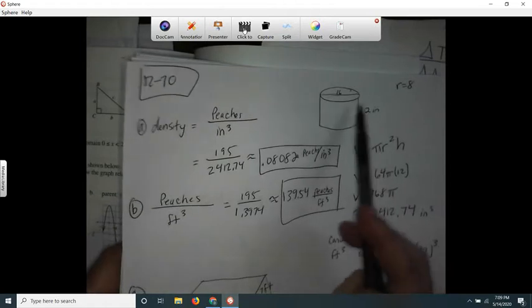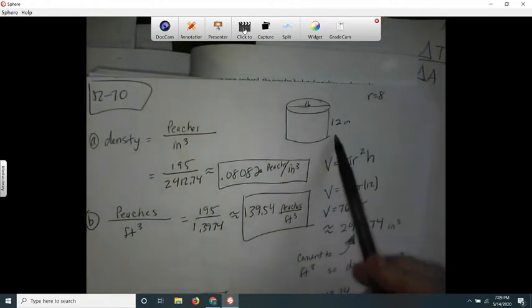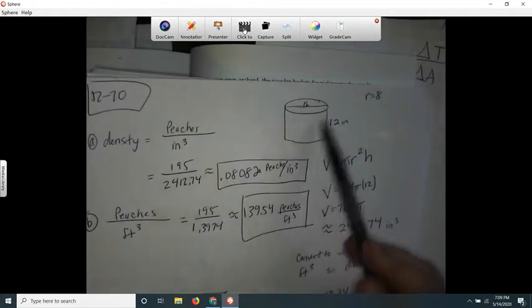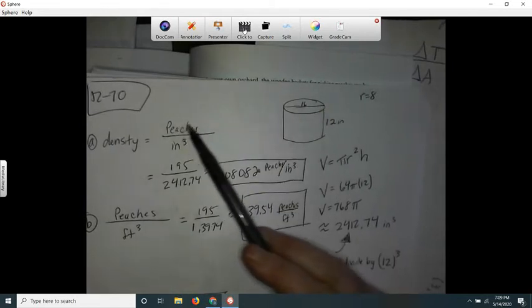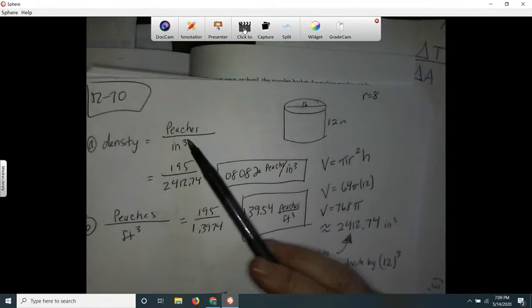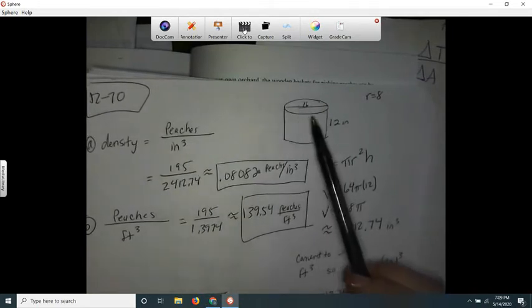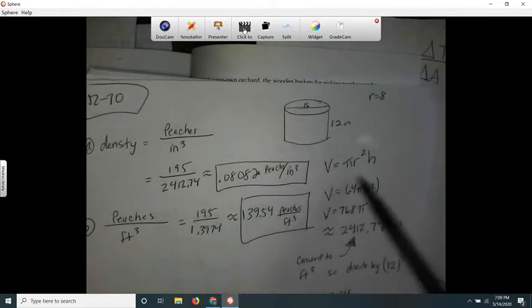I know this is the basket they described, and I know that 195 peaches will fit in this basket, but I need the volume. I don't know how many cubic inches this cylinder can hold until I get out my volume formula.